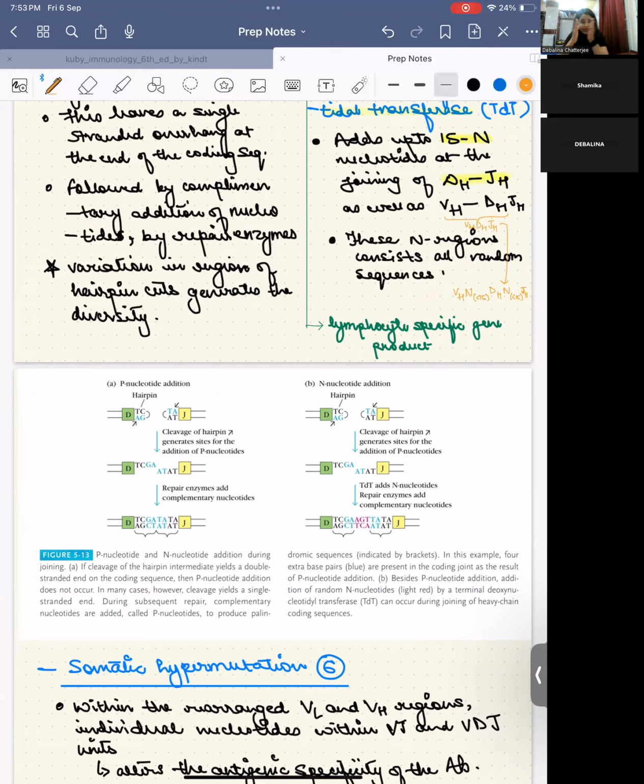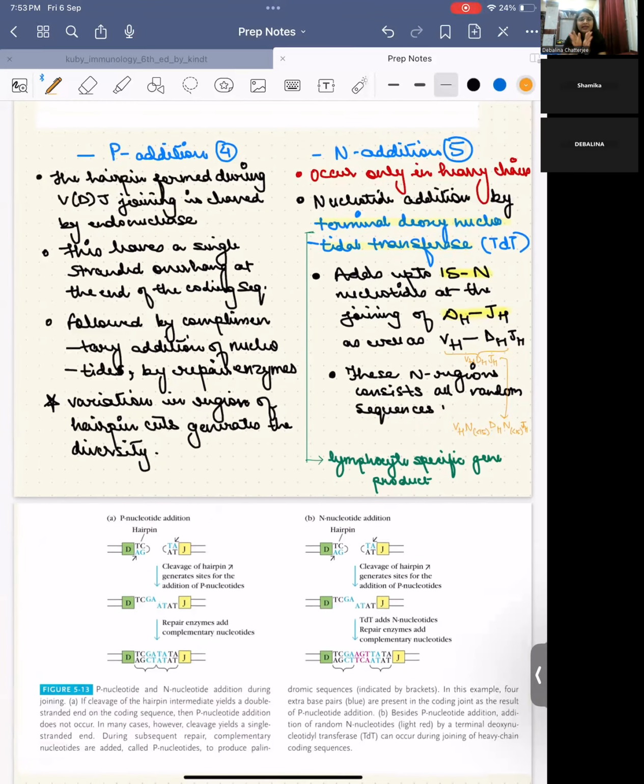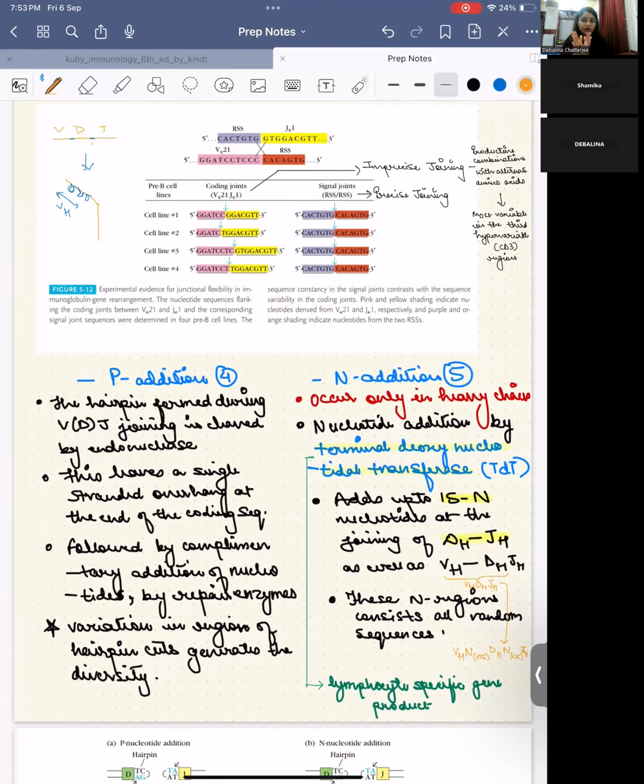But N addition, P addition, VDJ recombination, all of which lock the antigenic specificity of the antibody molecule, has already happened in your developmental stage. This is not something that happens in response to antigen. In response to antigen, class switching happens because of the switch recombinase that gets activated in the presence of cytokines, and somatic hypermutation happens. Is this clear?